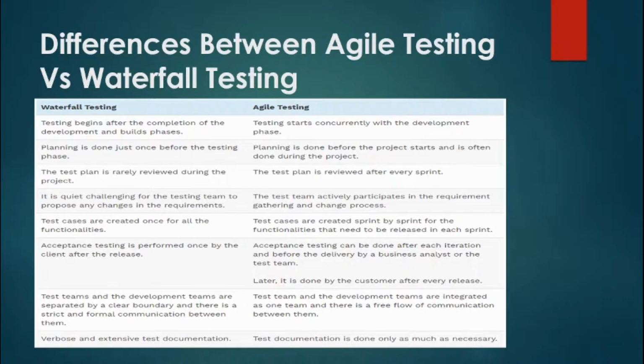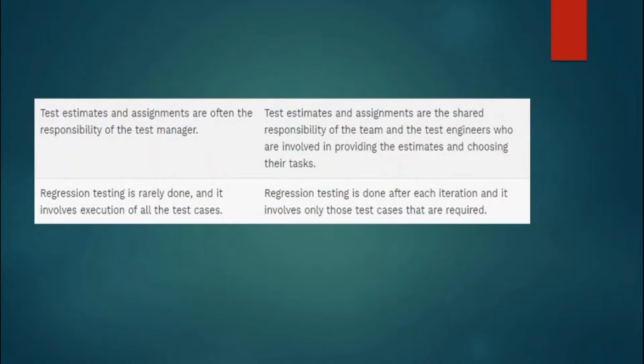In waterfall testing, extensive test documentation is involved, whereas in agile, test documentation is done only as much as necessary. In waterfall, the test estimates and assignments are often the responsibility of the test manager, whereas in agile, test estimates and assignments are the shared responsibility of the team and the test engineers who are involved in providing the estimates and choosing their tasks.